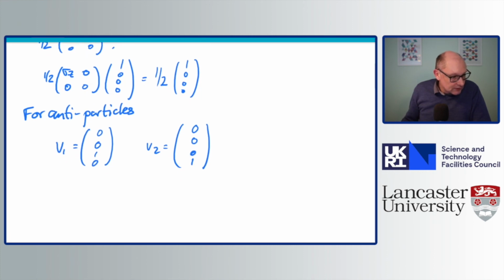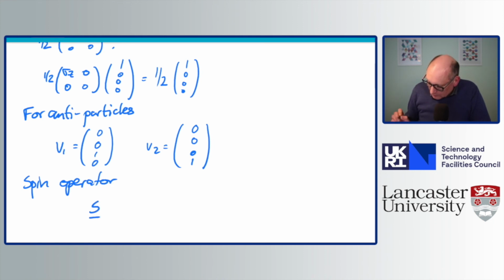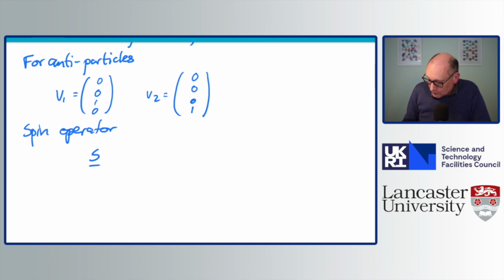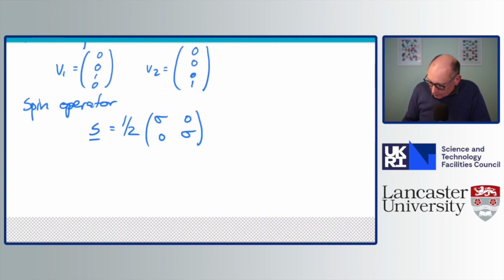And one finds that the spin operator, which calculates or extracts the spin of the fermions, of the Dirac spinors, is S equal to a half sigma. That's the one that works for the particles, and the one that works for the antiparticles is sigma as well, but in the lower right corner. So I say that that's a spin operator.